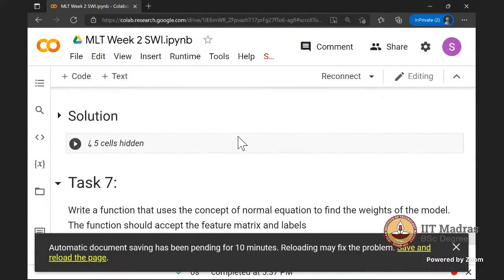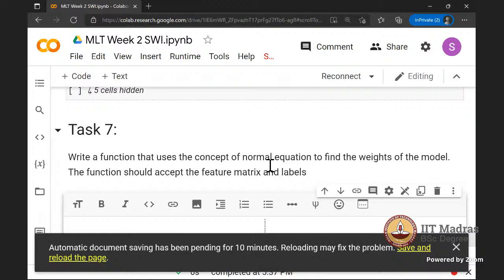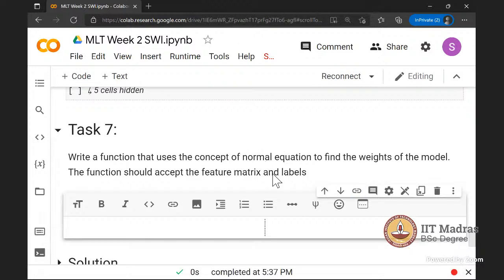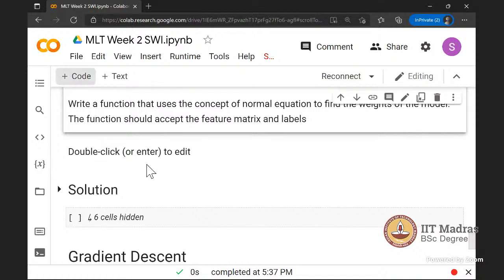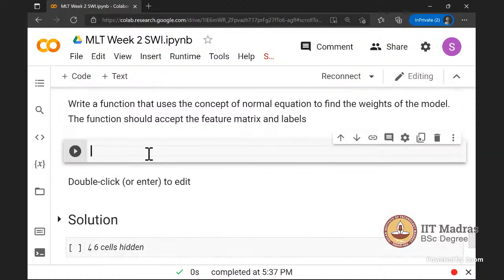So where were we? We were talking about computing the weight factors with the help of the normal equation, and I had received several answers from all of you. Now I'm going to type just one of them. Is this the right one?